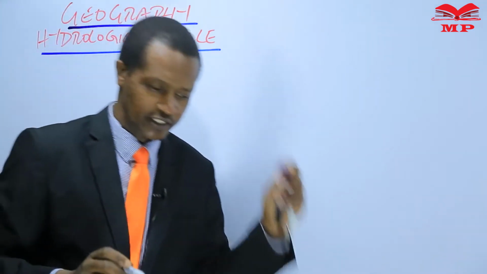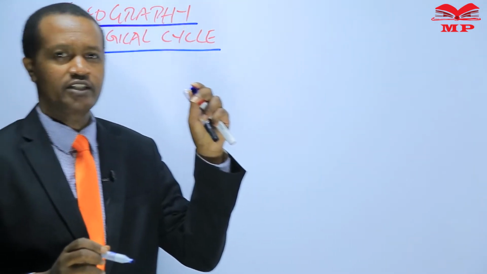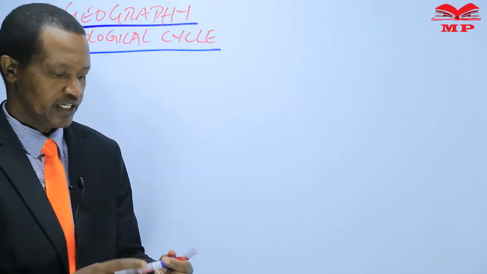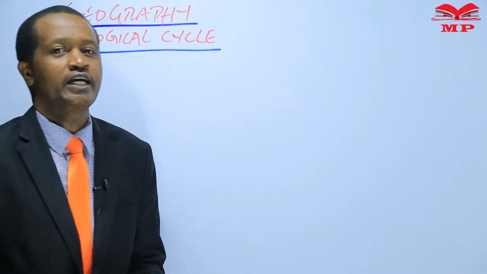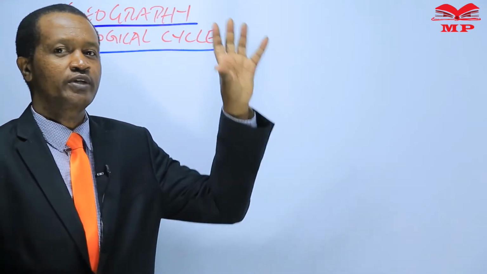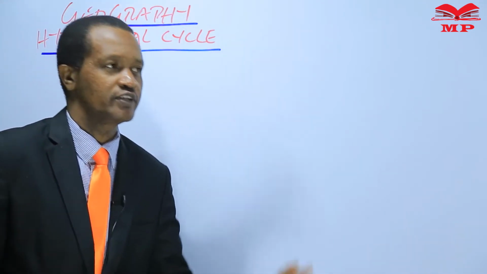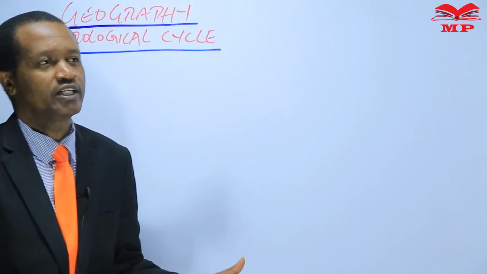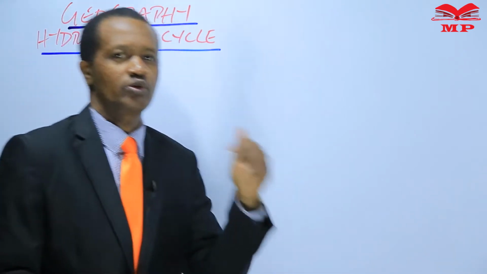Learners, in the first lesson, I defined the hydrological cycle. I said that the hydrological cycle is the endless movement of water from the air to the Earth's surface and then back to the air again. We said it's also referred to as water cycle.